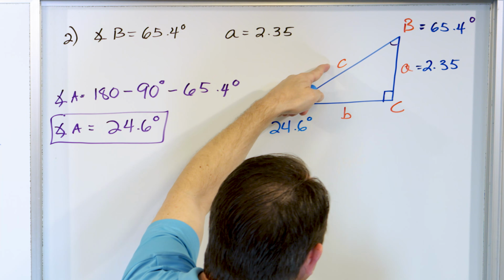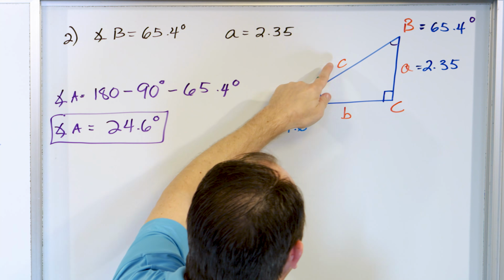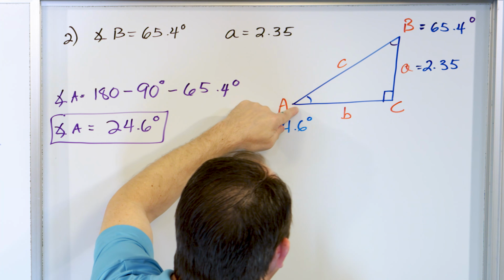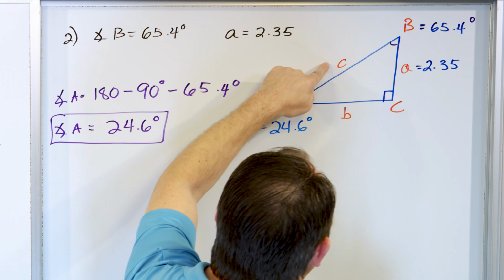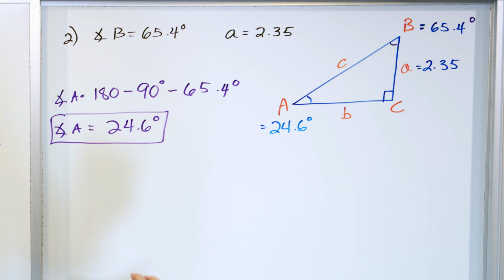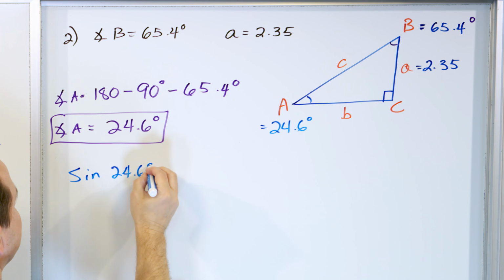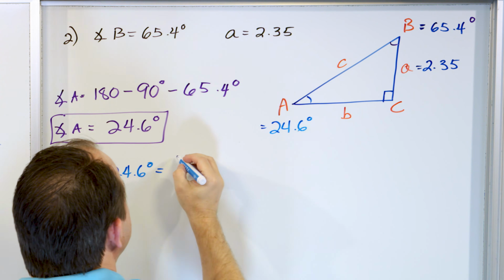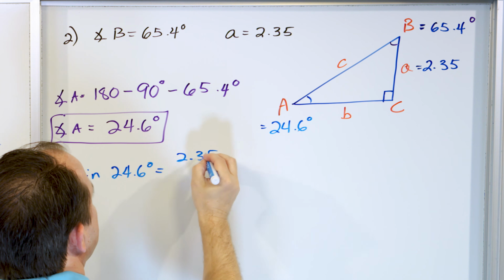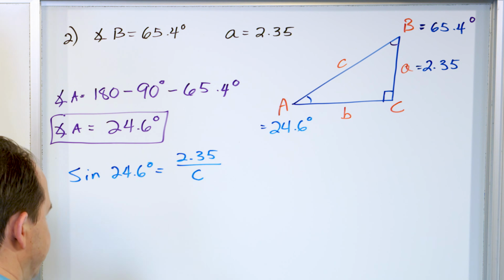But I need the hypotenuse, right? So I'm going to solve for the hypotenuse first. The sine of this angle has to be the opposite side over the hypotenuse. So I'm going to say that the sine of angle A, which is 24.6 degrees, has got to equal the opposite side, 2.35, over its hypotenuse, which is C, like this.